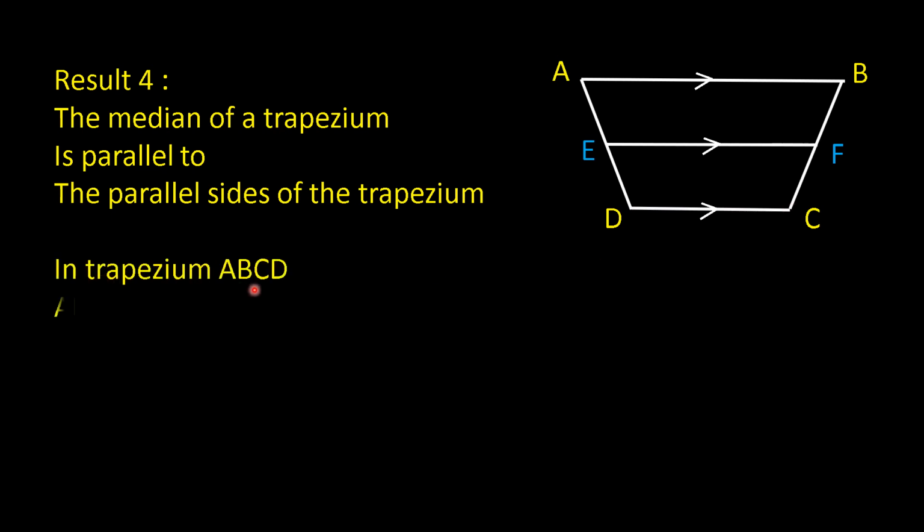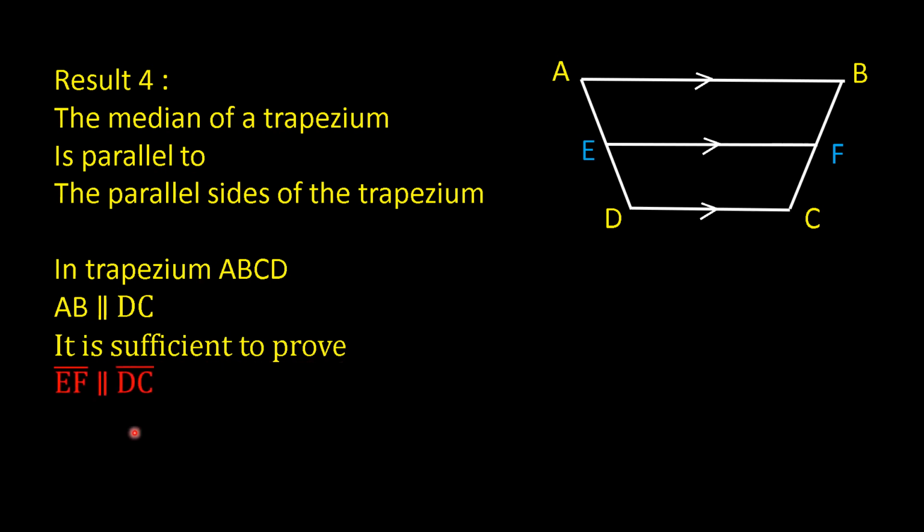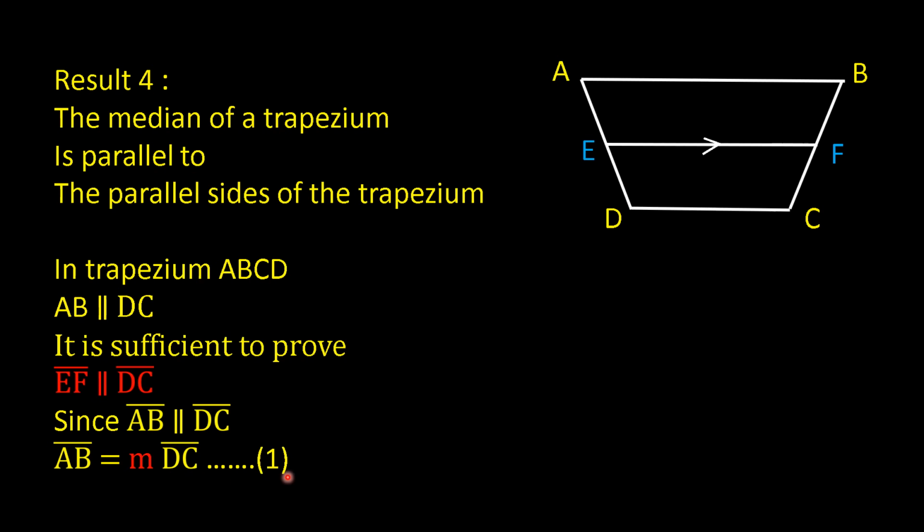In trapezium ABCD, AB is parallel to DC. Therefore, it is sufficient to prove that EF bar is parallel to DC bar. Since AB bar is parallel to DC bar, we write AB bar equals a non-zero scalar multiple M times DC bar. We name this equation 1.